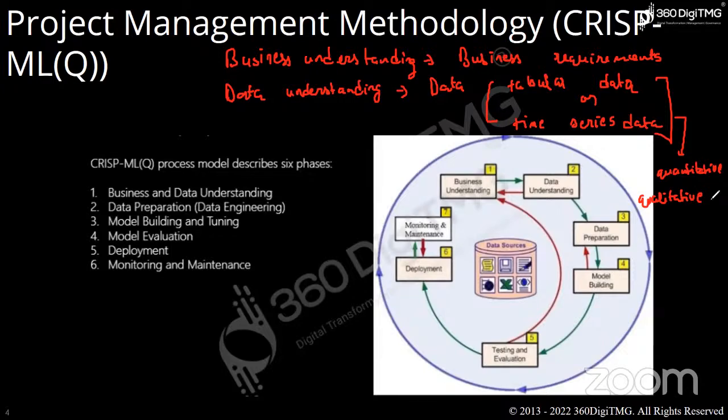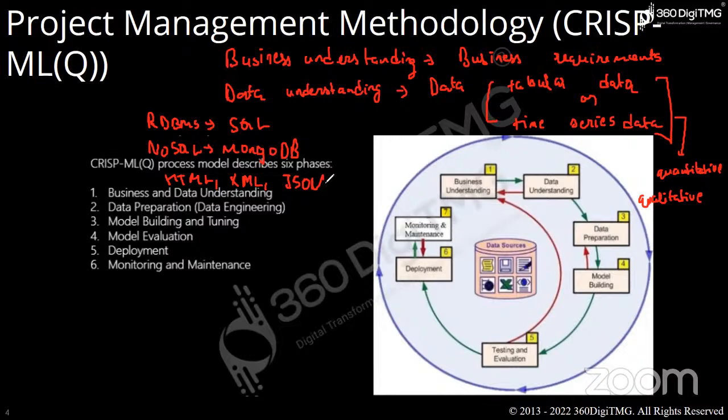Where are we getting the data from? Are we getting data from some RDBMS sources, like SQL related sources? Is it from some NoSQL source like MongoDB? Is it from some other web sources in the form of HTML or XML or JSON format? So we have a lot of different data types.